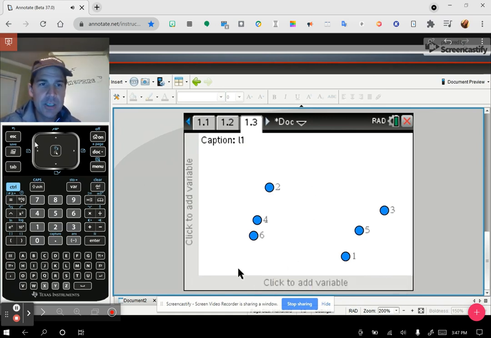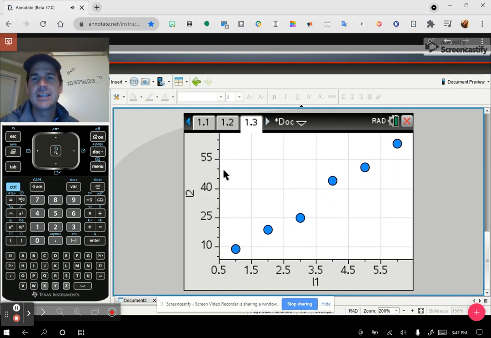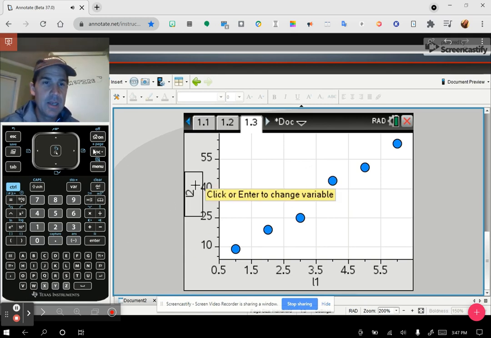You can use your little touchpad thing here, swipe it, go down there, click to add a variable. We're going to choose L1 for this one, and then we're going to click this and do L2, and look at that scatter plot. Beautiful. Now we want to add a line of best fit or do the linear regression.